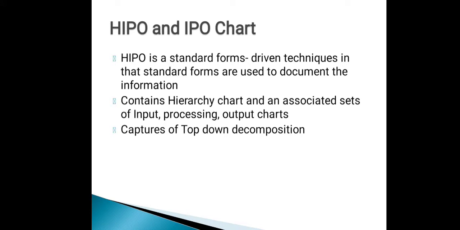So let's have a look at the HIPO and the IPO chart. The HIPO is a form-driven technique in which standard forms are used to document the information. It is used to document various information, and it consists of a hierarchy.